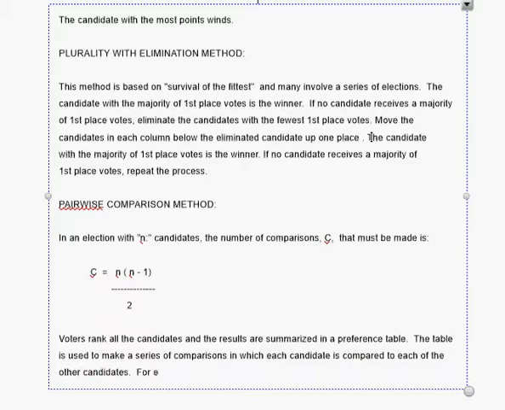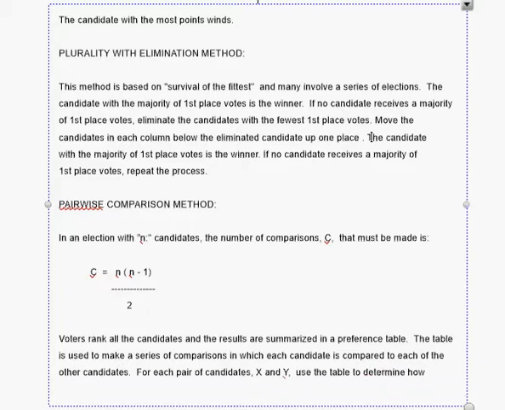For each pair of candidates, X and Y, use the table to determine how many voters prefer X to Y and vice versa.